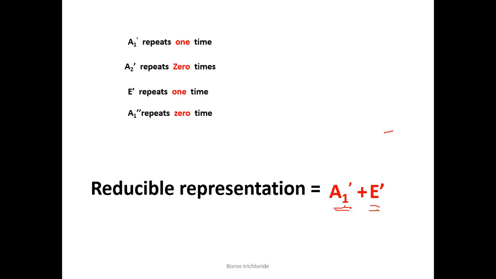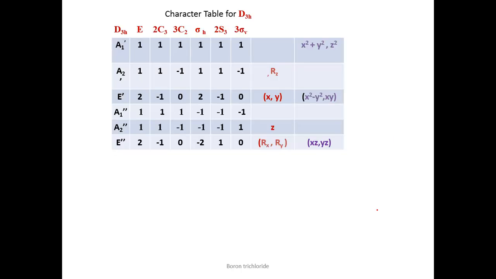A1 double dash repeats 0 times, there is no need to write it because 0 times A1 double dash is 0. A2 double dash repeats 0 times, E double dash repeats 0 times, so you have only 2 terms, A1 dash and E dash. Using this reducible representation, now you have to assign the hybridization to BCl3.